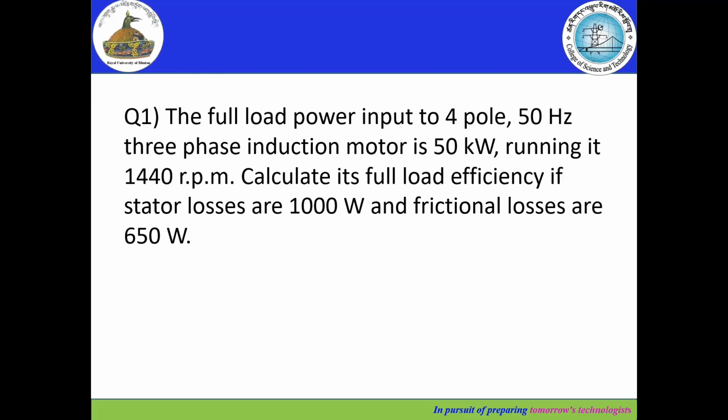Let's solve one problem. The full load power input to a 4-pole 50 Hz 3-phase induction motor is 50 kilowatt, running at 1440 RPM. Calculate its full load efficiency if stator losses are 1000 watt and frictional losses are 650 watt. So let's solve the question.